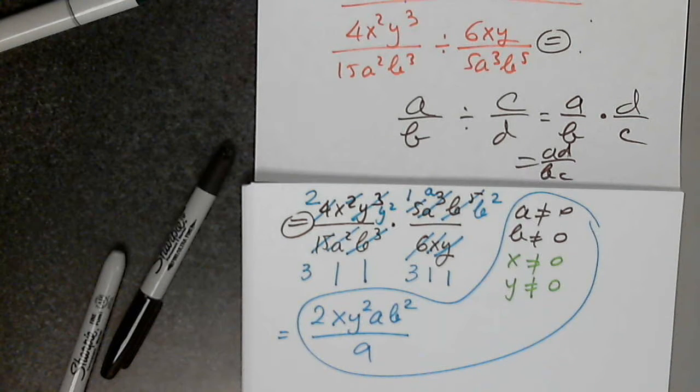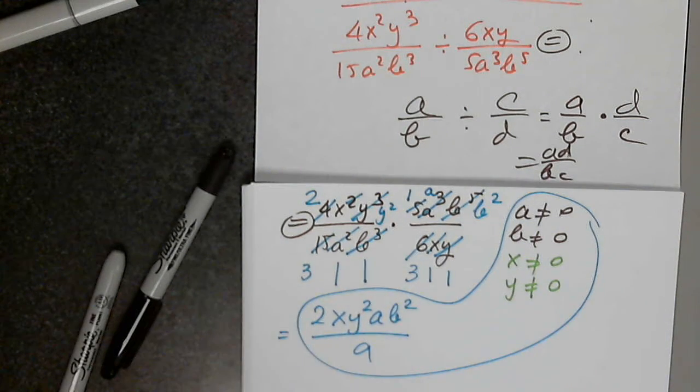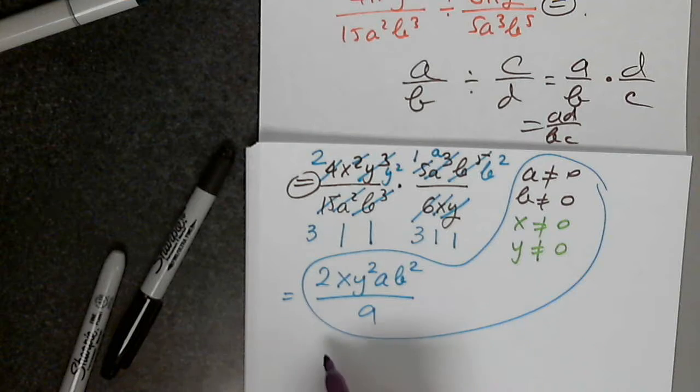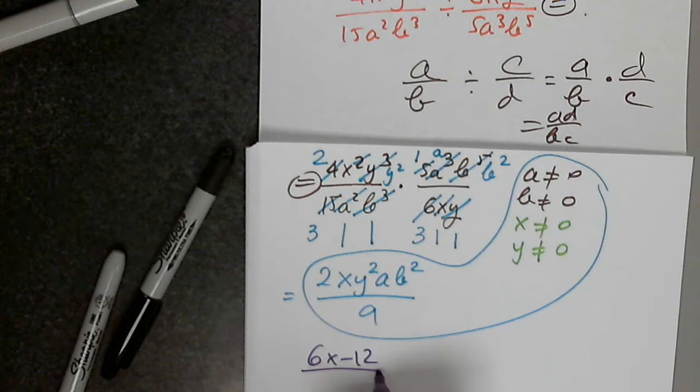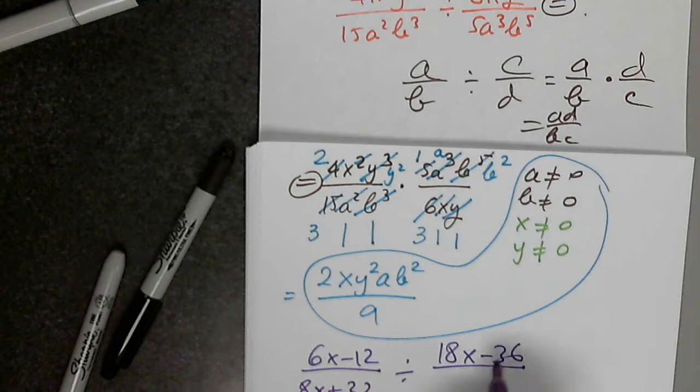Once I change it into a division, there is nothing new, because this is what we just looked at, multiplications of rational expressions. I would like you to work on B. 6x minus 12 over 8x plus 32 divided by 18x minus 36 over 10x plus 40.